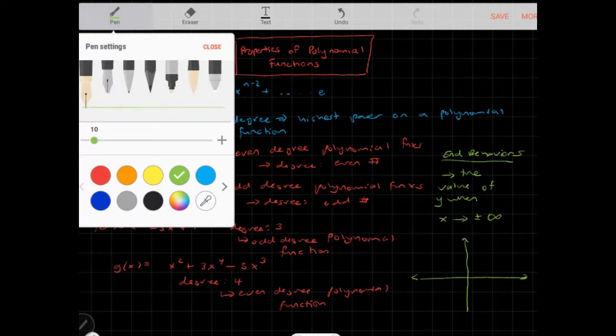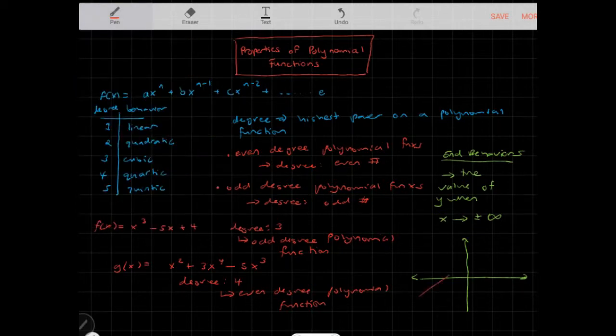This is our function, and this is a linear function, right? And if this is our function, this is the x-axis, this is the y-axis, right? If we go towards this arrow here, this is positive infinity for x. If we go to this arrow here, it's negative infinity for x, right? As x approaches positive infinity, look what happens to y. You're going to keep extending this line outwards, and y will also approach positive infinity. So as x approaches positive infinity, y will also approach positive infinity, okay?